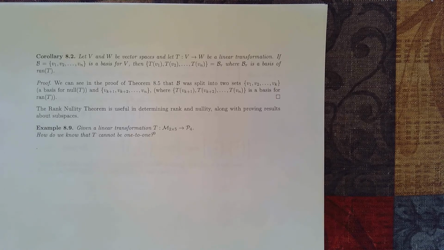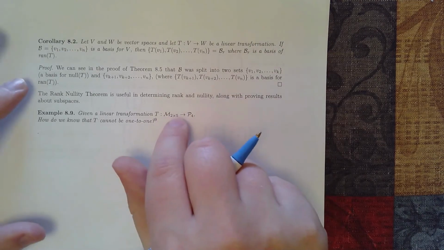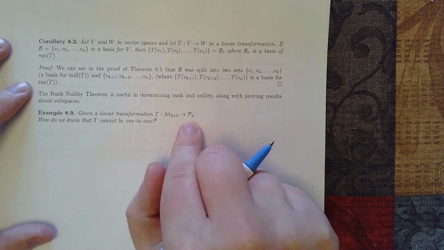So the rank nullity theorem is going to be useful for us to determine very quickly whether or not we can have something that's 1 to 1. So let's say we had a transformation going from M2 by 5 to P4.